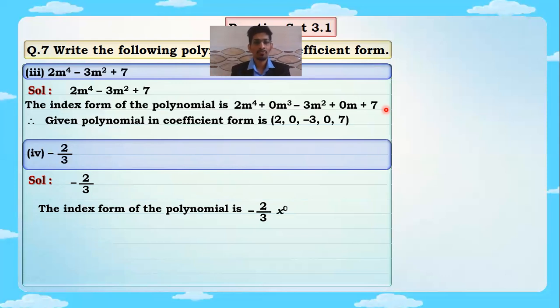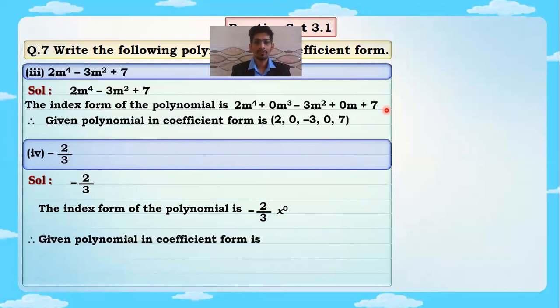And the coefficient form for this is going to be, as it is the constant term, we can write this as minus 2 upon 3 x raised to 0. As we have studied in the introduction part, the power of a constant term is always 0, because we can write it like minus 2 upon 3 x raised to 0. Anything raised to 0 is 1, so 1 into that is that term.